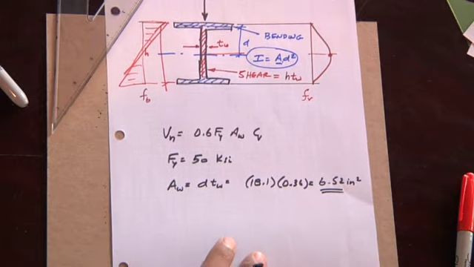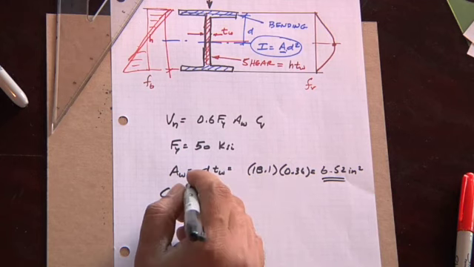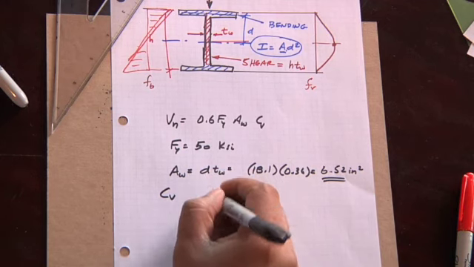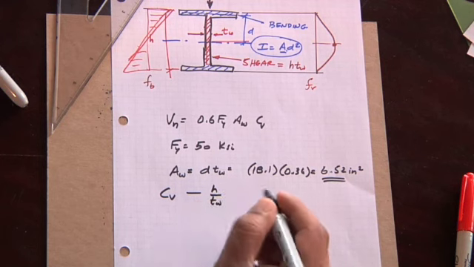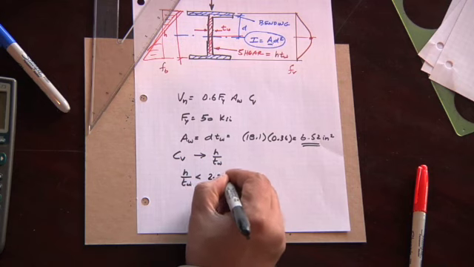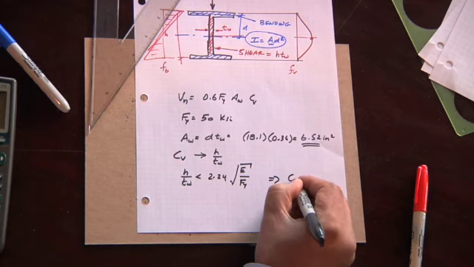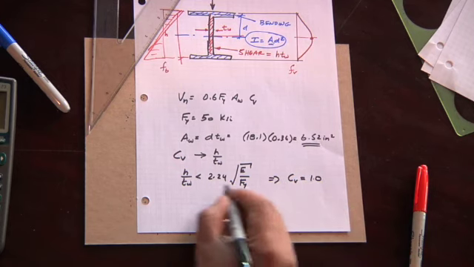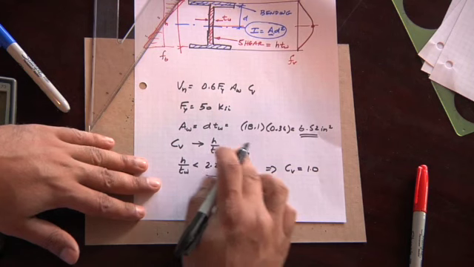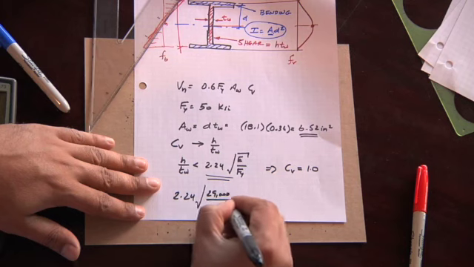And the web shear coefficient, CV, is calculated based upon the h over t height to thickness ratio. There is a straightforward formula in the steel code that relates the height to thickness ratio. If it's less than 2.24 square root E over Fy, then the shear coefficient is 1. So we've got to calculate what this limit is. So 2.24 square root of 29,000 divided by 50.